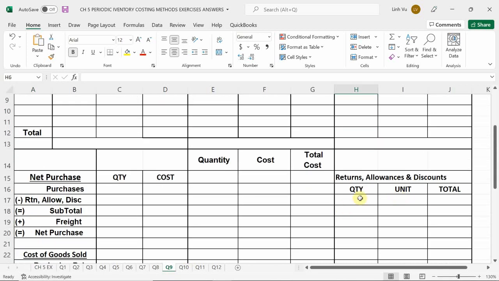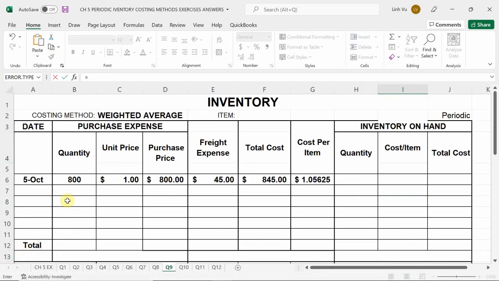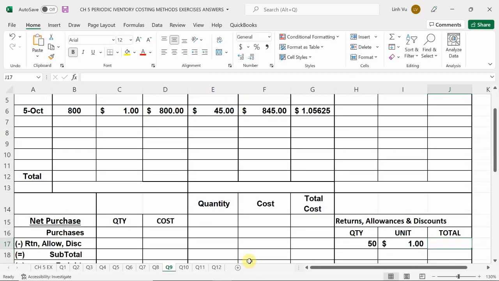So we return 50 of those units. Now this is only one batch in inventory, so how much did it cost me? It cost me $1, so I should have got a $50 refund.